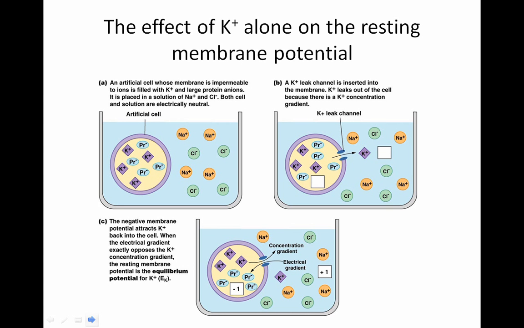Now, in our little example over here under A, if you look at the number of proteins and you look at the number of potassium, you'll see that they're matched. And so everything's happy and good. If you look at the sodium and chloride, everything's matched and everything's happy and good. But when you put a leak channel, potassium leak channel in place in that cell wall, now we're going to be dealing with concentration gradients, right?